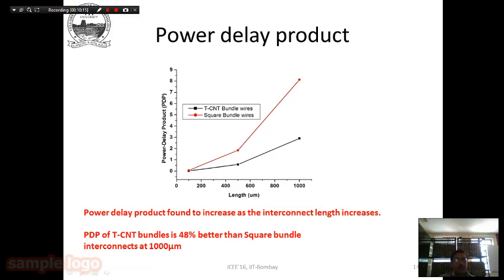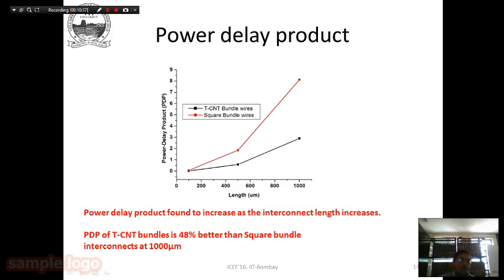This is the ultimate factor that defines the performance of triangular CNT bundle interconnects, that is, the power delay product. The comparison between the TCNT bundle wires and the square bundle wires was plotted with respect to length.